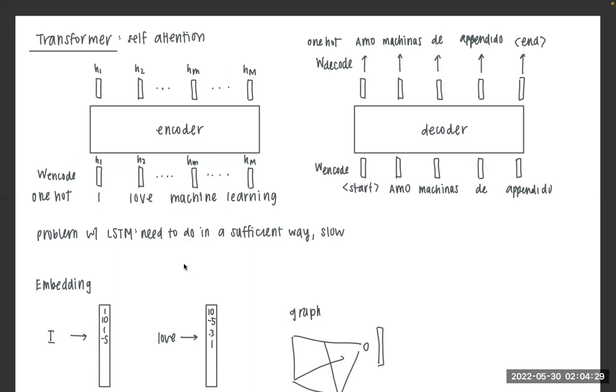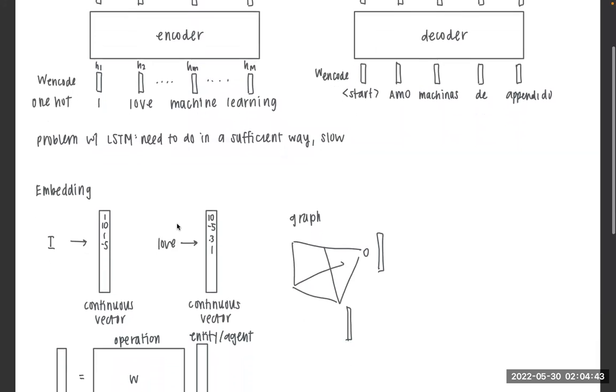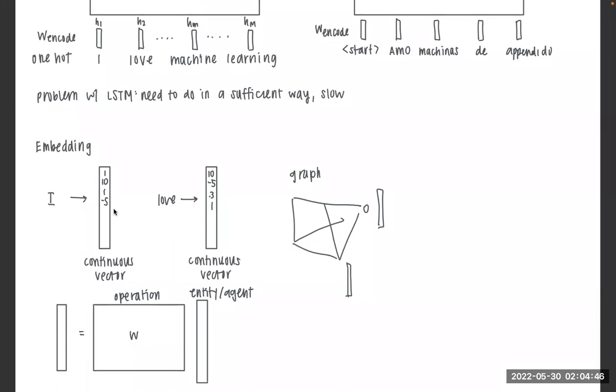So for this type of architecture, as I mentioned before, it is really like a team of vectors. So just to remind you about this vector representation or embedding, for example, I can be represented by a one-hot vector, right? If you have 6,000 words in your dictionary, then this is a 6,000 dimensional one-hot vector, depending on which word you observe. And then you embed it into a dense vector, meaning that each element is a continuous number, not necessarily zero.